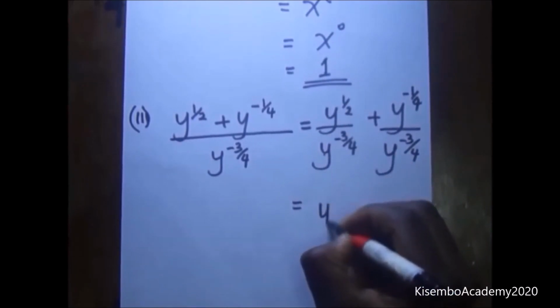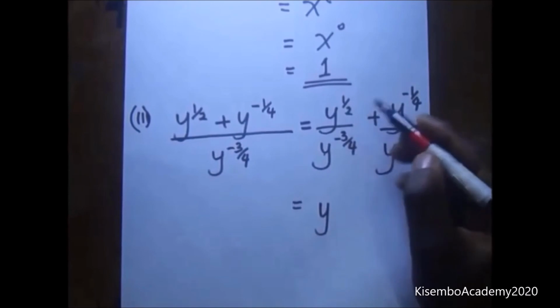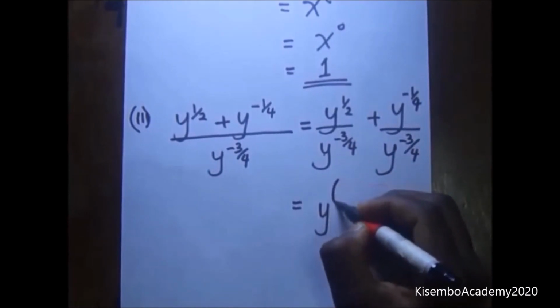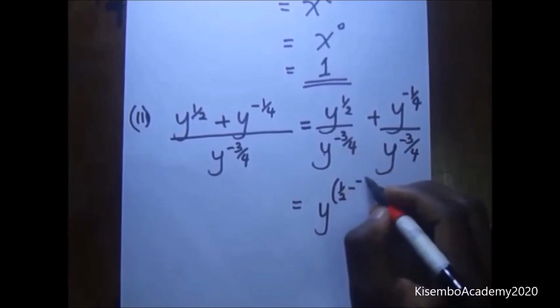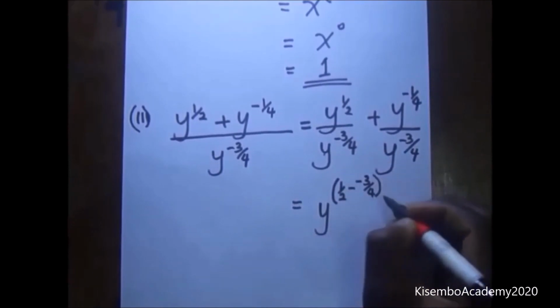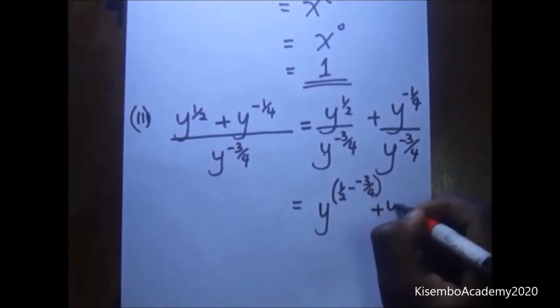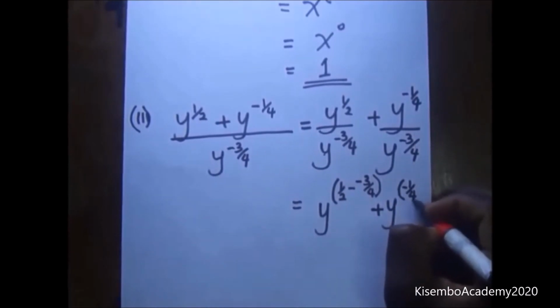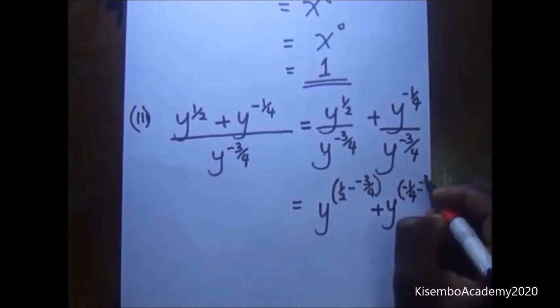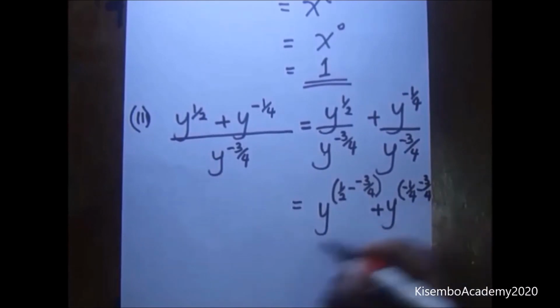So we shall maintain here the base and subtract the power. So here it's going to be y to the power a half minus negative 3 over 4, plus y to the power negative a quarter minus negative 3 over 4.